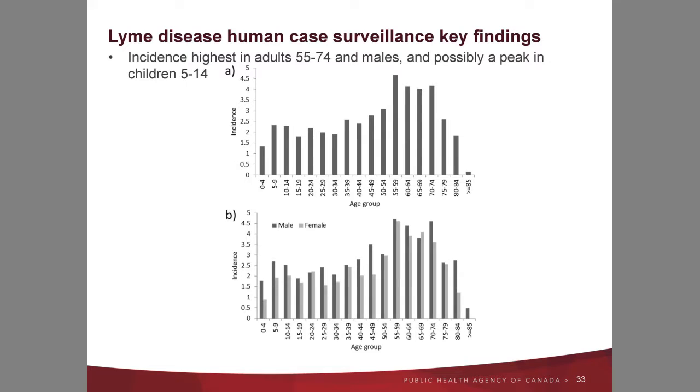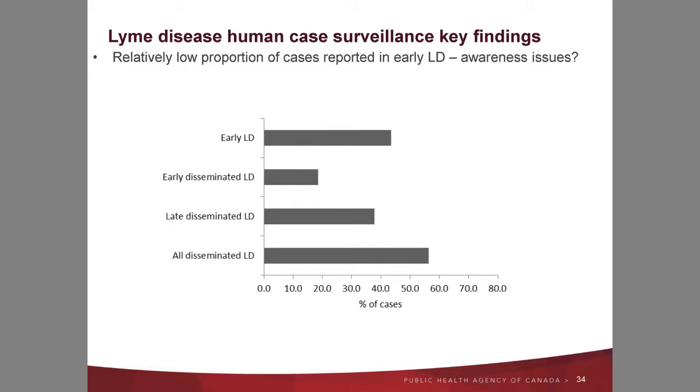We are identifying age groups that are affected, particularly children 5 to 14, and then elderly people like me, 55 onwards. And we get an idea of the proportion of cases identified at different stages of Lyme disease, which suggests we've got a long way to go in getting information out to the public.